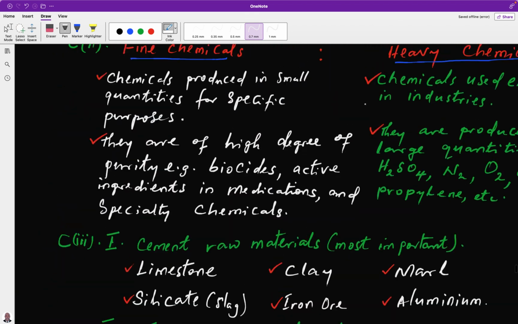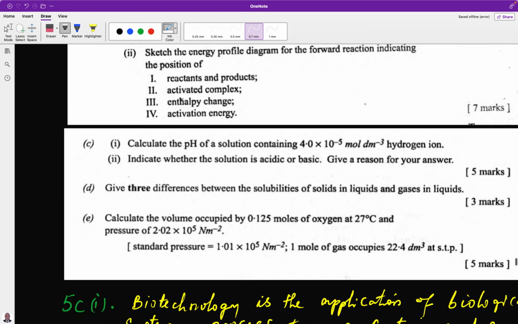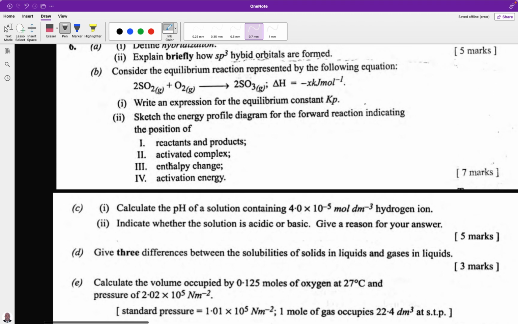Now let's go to the other part of it. Sketch the energy profile diagram for the forward reaction, indicating the position of reactants and products, activated complex, enthalpy change, and activation energy.